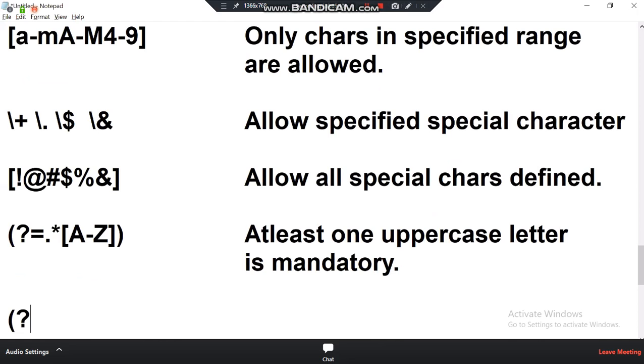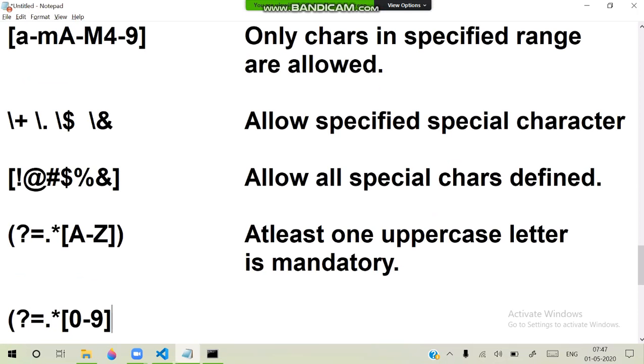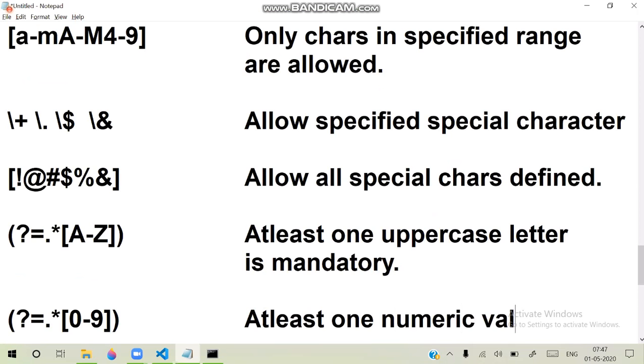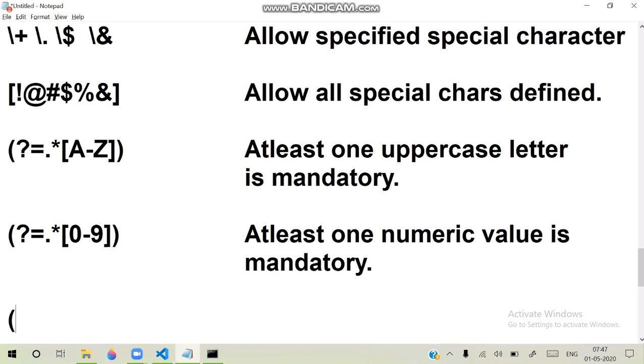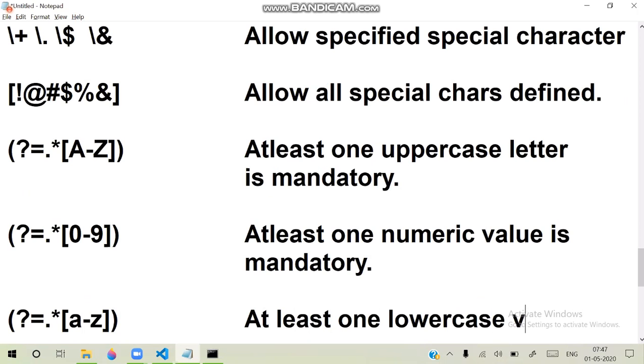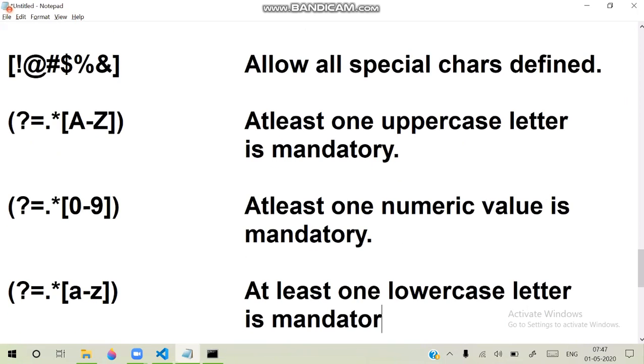Similarly, question mark equal dot star 0 hyphen 9 indicates at least one numeric value is mandatory. Similarly, with a hyphen z, at least one lowercase letter is mandatory.